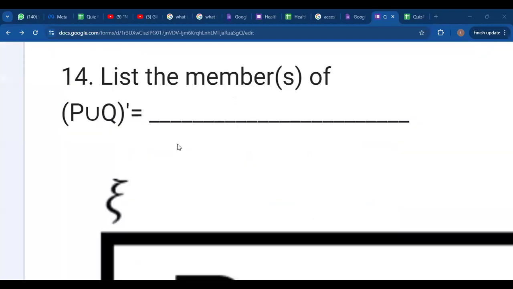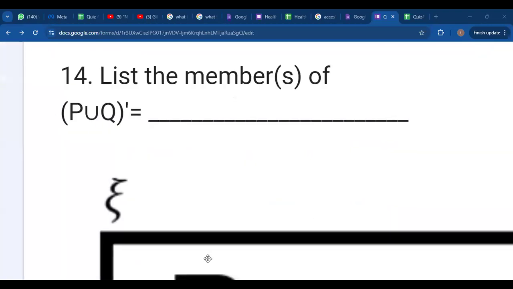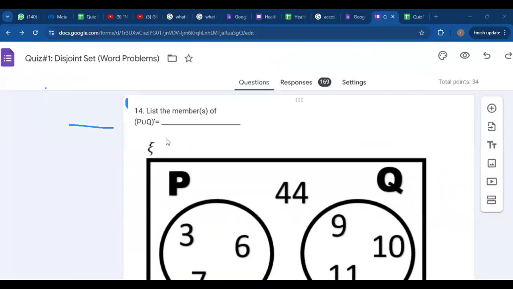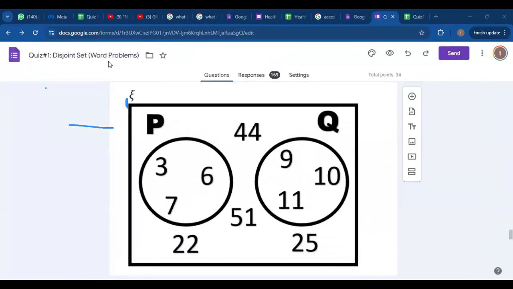So what does this symbol mean? I have the universal set. I have P union Q complement. What does that mean? When I say P union Q complement, I mean that I want everything outside of P and Q. Just the outside.